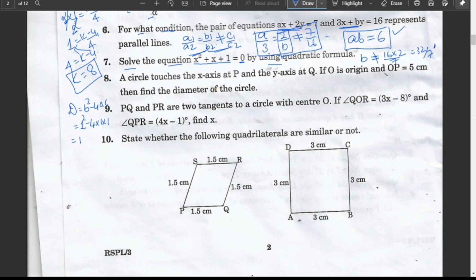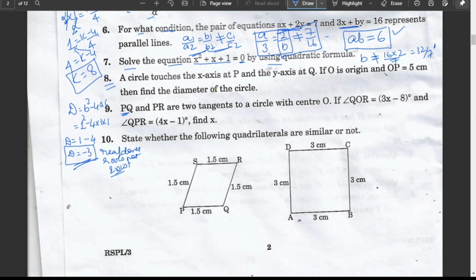So 1, okay, we get a negative term equal to minus 3. So you just write here real roots do not exist. So no need to solve further, children. Real roots do not exist. Leave it over here.